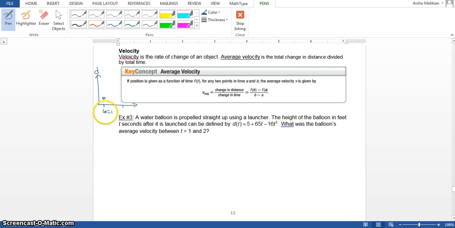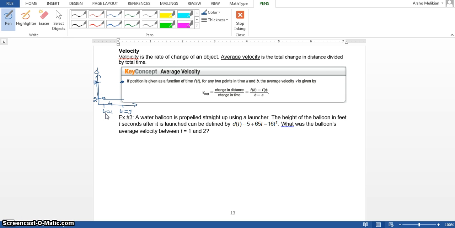And at t equals 5, I was here. So let's see, how far have I traveled? I've traveled from 2 meters to 10 meters. And how much time did it take me to make that journey? It took me 4 seconds.